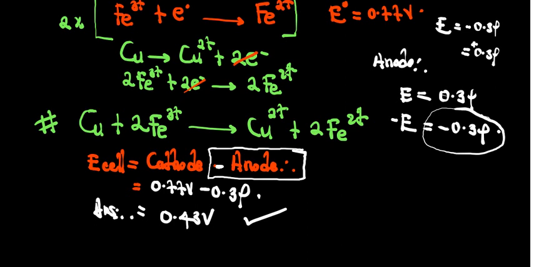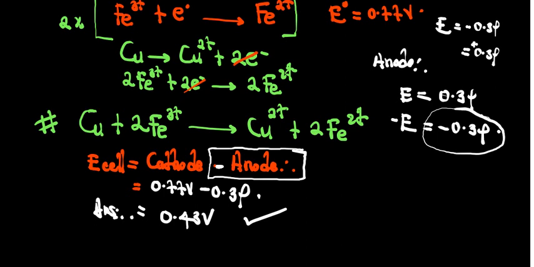This is a negative value. Initially it was a positive value. After reversing the chemical reaction, it was a negative value. We now have negative 0.34, which comes there. If it was a negative value, it would have been a positive value, and what we would have put here would have been 0.77 plus 0.34, and we're going to get our final answer there.